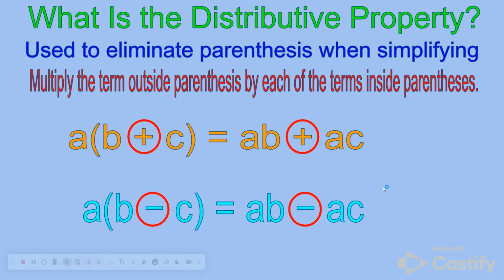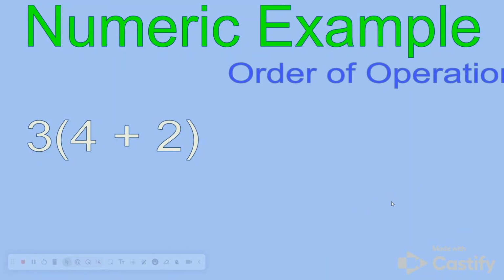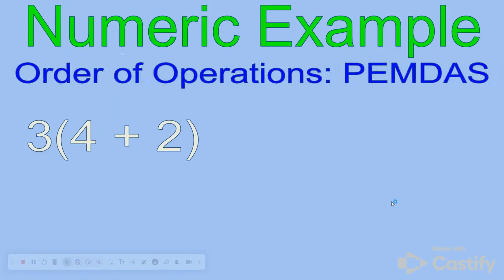Now if all those letters confuse you, I'm going to show you a quick numeric example that'll show you that it actually does work and might make it a little more clear. So for example, if I have 3 times (4 plus 2), you've worked many times with the order of operations: parentheses, exponents, multiply, divide, add, subtract.